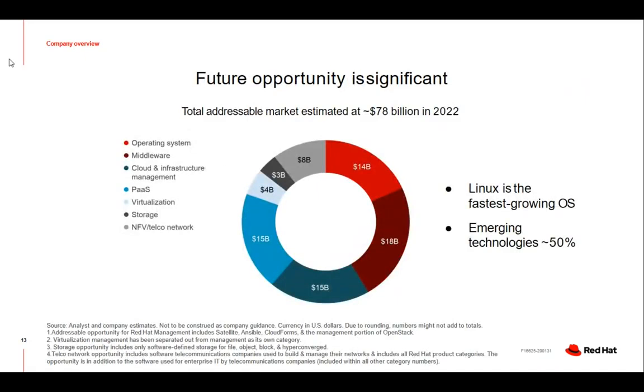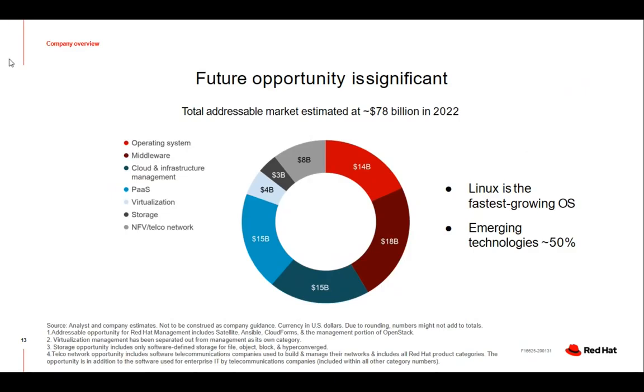When we look at the total addressable market, where the real opportunity for different portfolios lies, if you look at this whole chart, you will realize that the operating system, being the heart of any data center infrastructure, is definitely a huge addressable market and will remain so. Linux is currently the fastest growing OS.